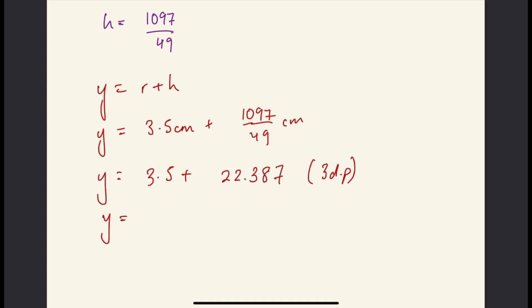So y is equal to that plus, so you get 25.888. The question asked for three significant figures. So that's 1, 2, 3. When you're considering up to this point, remember to do significant figures, you round the last number. 25.9.